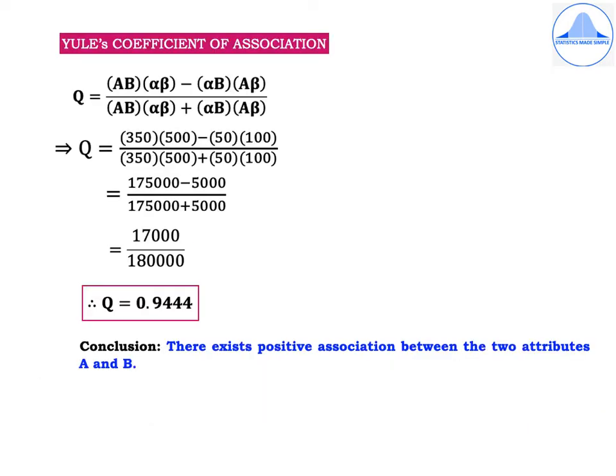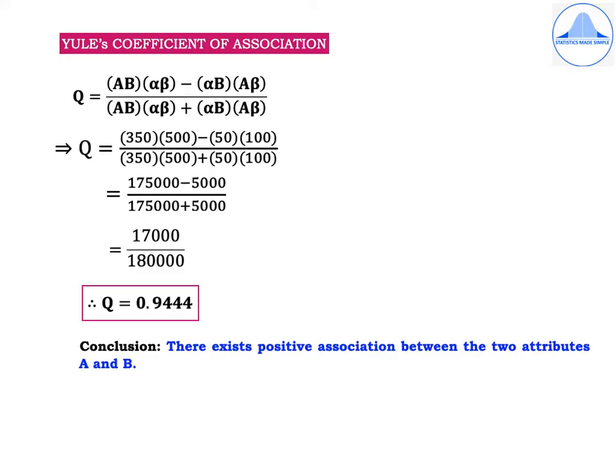Write the formula for Yule's coefficient of association Q equal to AB into alpha beta minus alpha B into A beta divided by AB into alpha beta plus alpha B into A beta, which is equal to 350 into 500 minus 50 into 100 whole divided by 350 into 500 plus 50 into 100, which is equal to 1,75,000 minus 5,000 divided by 1,75,000 plus 5,000, which is equal to 17,000 divided by 1,80,000.